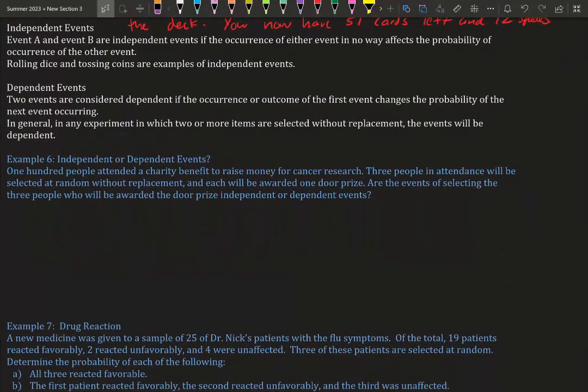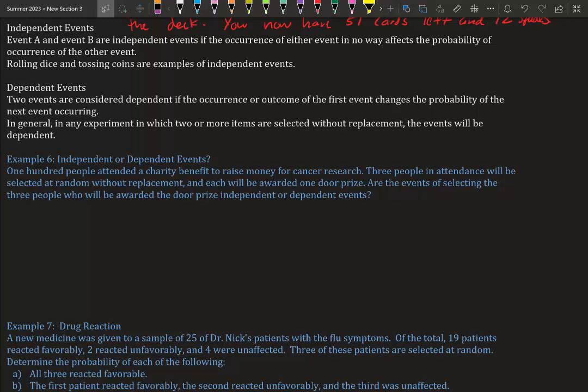Independent events and dependent events. So event A and B are independent events if the occurrence of either event in no way affects the probability of the occurrence of the other event. Rolling dice, tossing coins, those are examples of independent events. Because if I toss a coin, I can't say, okay, take the heads out. It's always going to be there. Or if I roll a die, I can't say take one out.